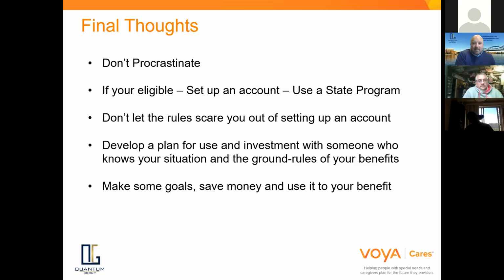Next, if you're eligible, set up an account and use a state program. Don't necessarily go through an advisor. Use a state program, and it will be the best one for you and the least expensive. Don't let the rules scare you about setting up an account, and then develop a plan for use and investment with someone who knows your situation financially and understands the ground rules of your benefits. If you're not sure, get an advisor to help, get someone to do some good things for you.